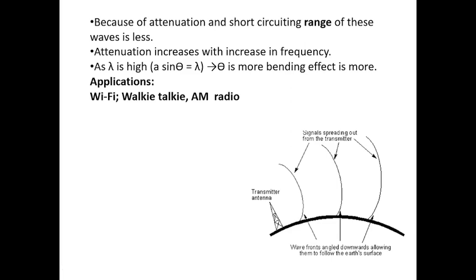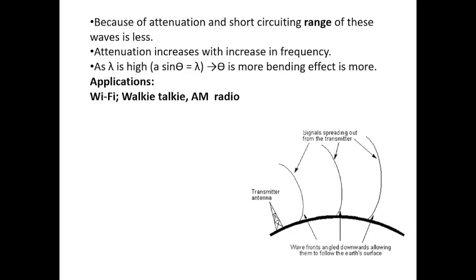As we said, range means the maximum distance between the transmitter and receiver. Because of the short circuiting, the range of these ground waves is less. We can increase the range by changing the power of the transmitter, and we can also change the frequency. If the frequency is high, we can increase the range.